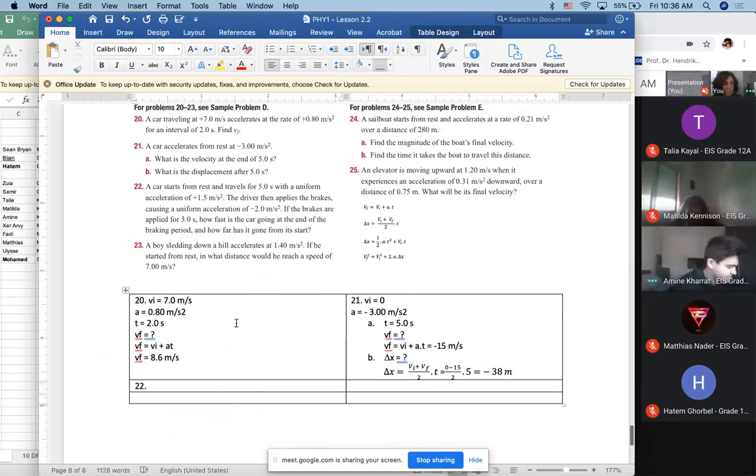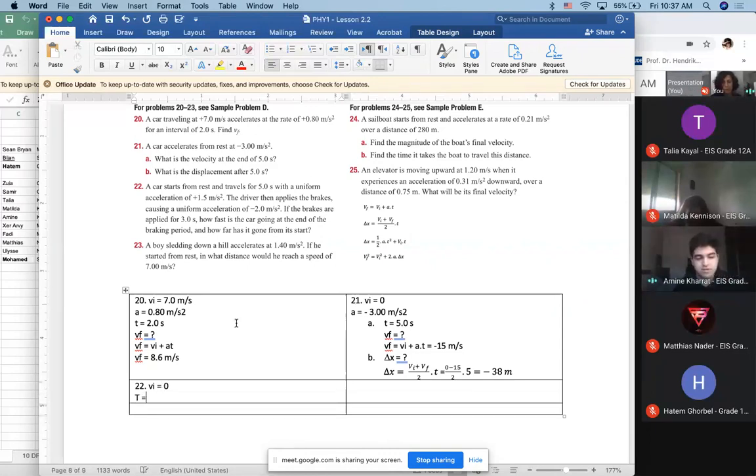Okay, so for 22, VI is 0. T1 is 5.0. So it starts from rest. Yeah, 0. Thank you. And they say what? Time 1. Oh, yeah. I just wrote it. Time 1. It's 5 seconds or 5.0. Yeah, I'm gonna stick to 5.0.